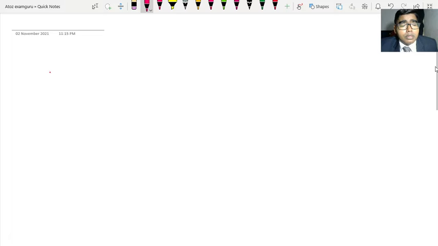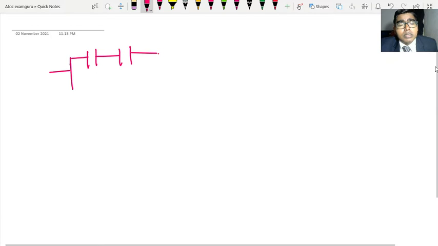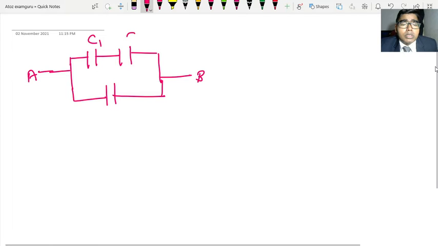Let us start from the very first question. If the diagram is like this, and let us give a capacitor C1, capacitor C2, and capacitor C3.